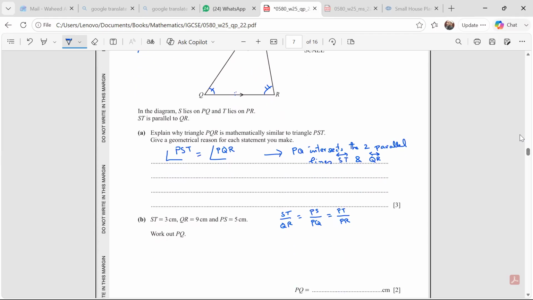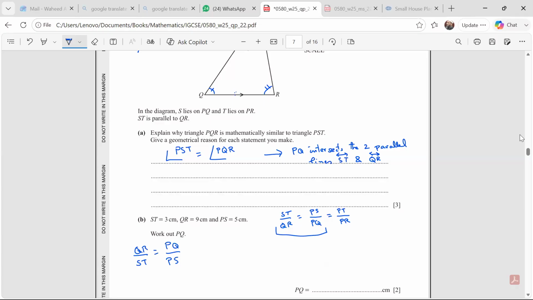So from here, I will use the first two. Can I write QR over ST is equal to PQ over PS? I chose these two fractions and then I'm writing the reciprocal of them.